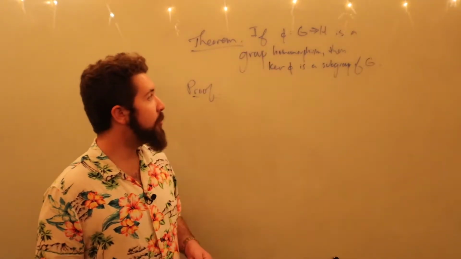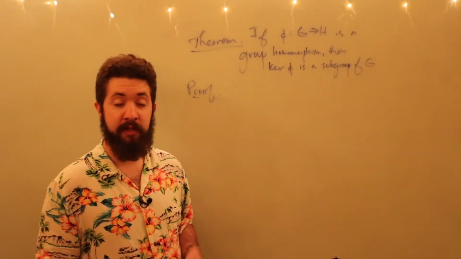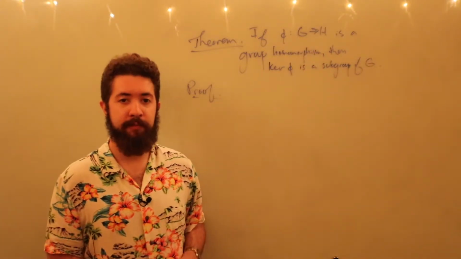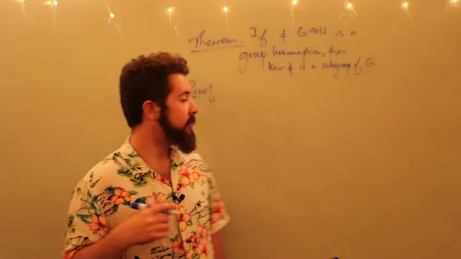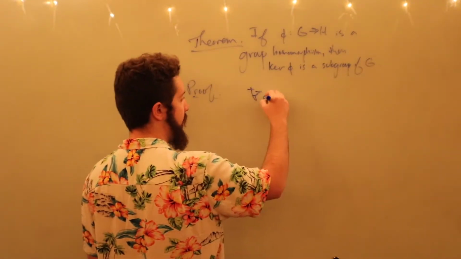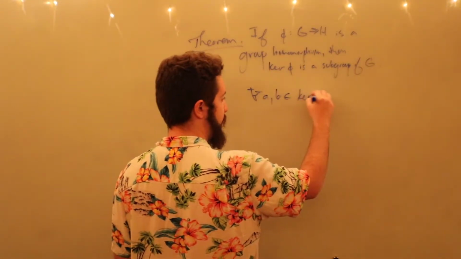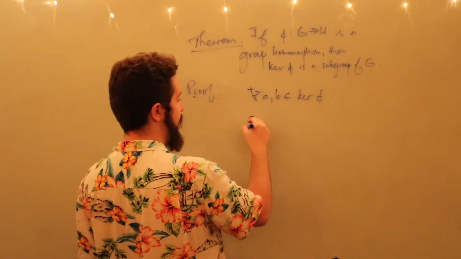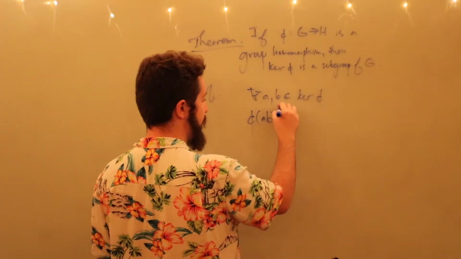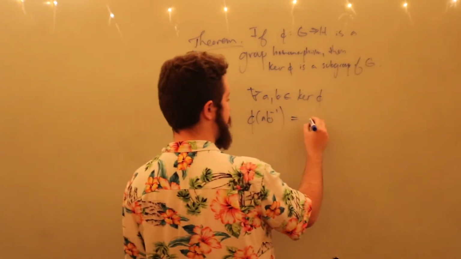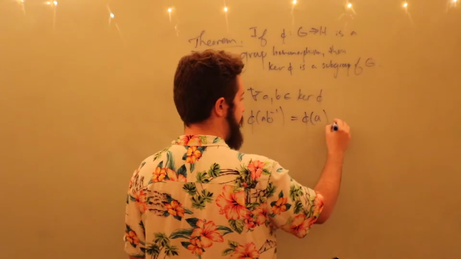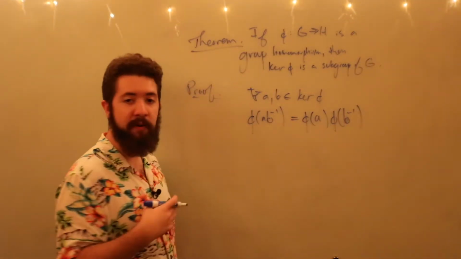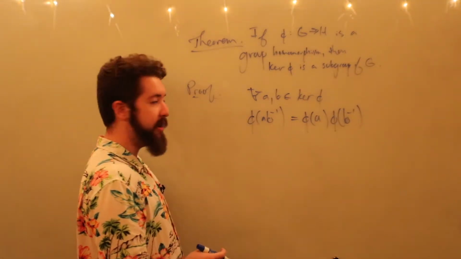Alright, now an important theorem. If phi is a group homomorphism of G into H, then the kernel of the map phi is a subgroup of the domain G. Alright, so for all a and b in the kernel of the homomorphism phi, we're going to have that phi of a b inverse is equal to phi of a times phi of b inverse, because it's a homomorphism, so it preserves the operation.